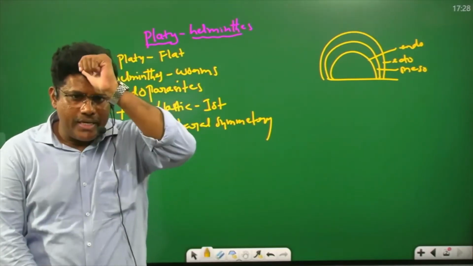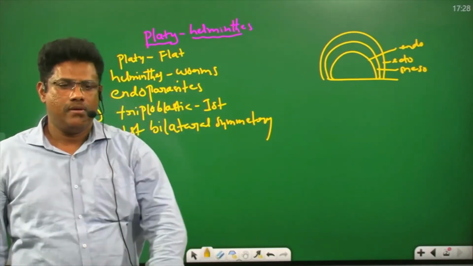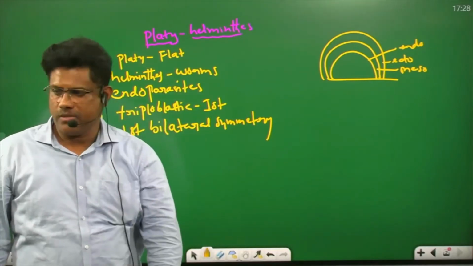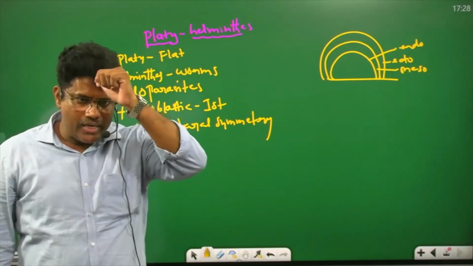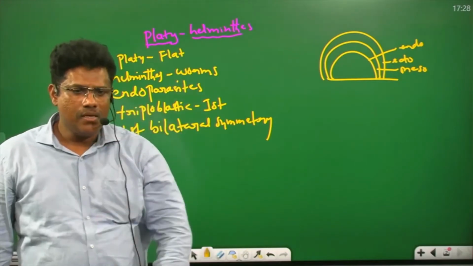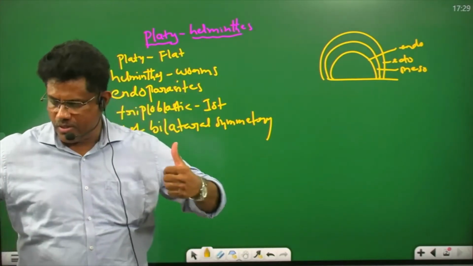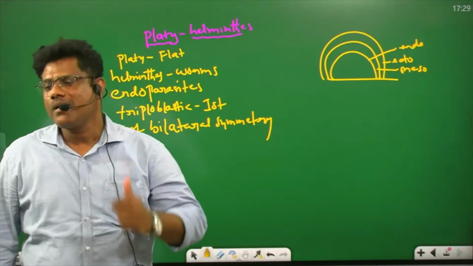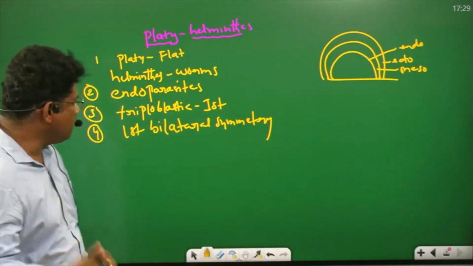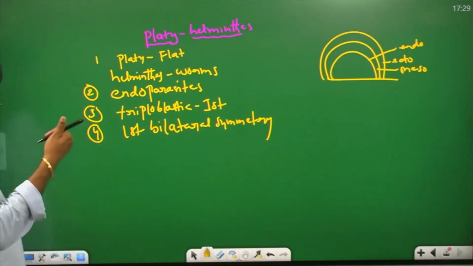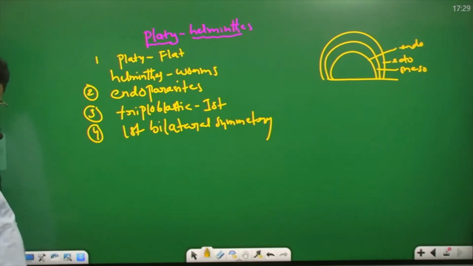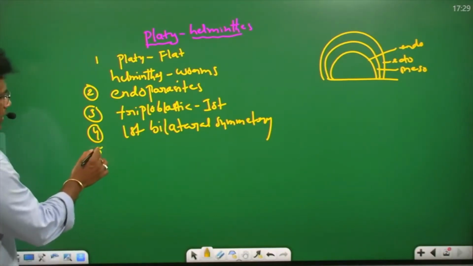You cut the organism through the central axis, it comes to 2 equal parts, is called what? Bilateral symmetry. First bilateral symmetry organisms, Platyhelminthes. Any doubt?